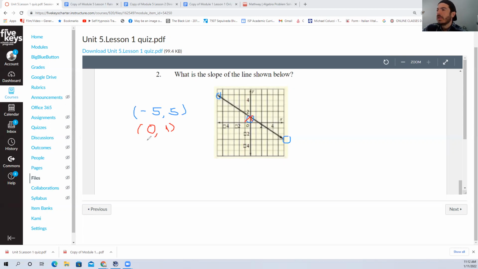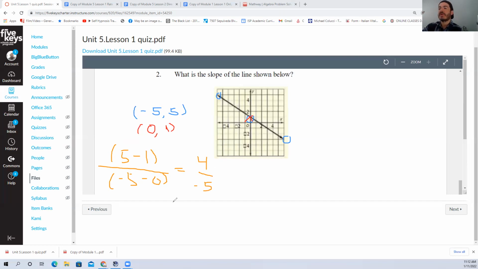My change in y is going to be up top. I'm going to take that first point and list it first. And my change in x is on the bottom. 5 minus 1 is 4. -5 minus 0 is -5. So this is my slope, -4/5.